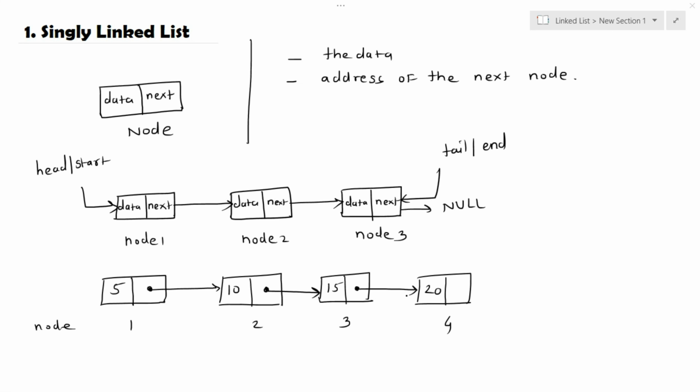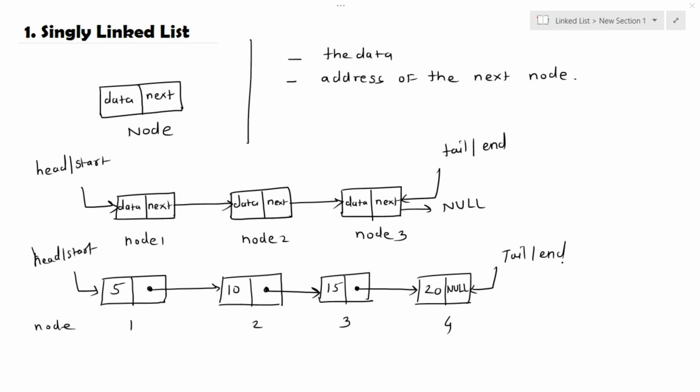And for the last node, node 4, there is no other node linked to it. That's why this value is null. Again the same, the first node of the linked list is called the head or start, and the last node is called the tail or end.